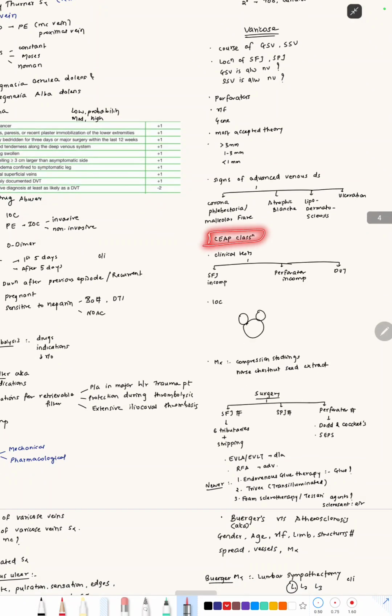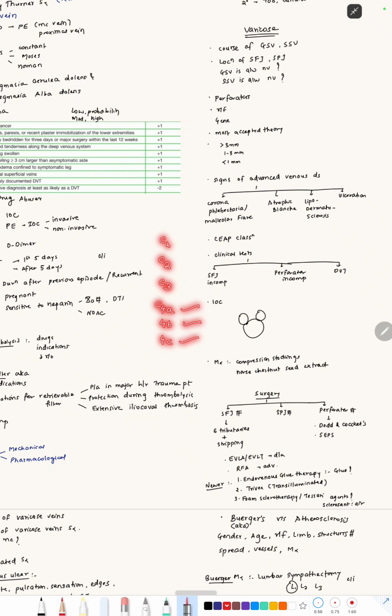Now the next is the CEAP classification. The CEAP classification is clinical, etiological, anatomical, and pathological. On the clinical basis, C0 means no varicosities are seen. C1 means telangiectasias or reticular veins are seen. Then C2 is where varicose veins are seen. Then C3 is edema. C4 is further divided as C4A, C4B, C4C. C4A means pigmentation. C4B is atrophie blanche or lipodermatosclerosis.